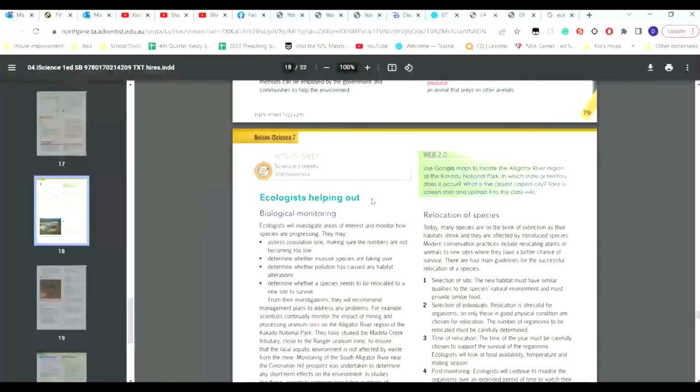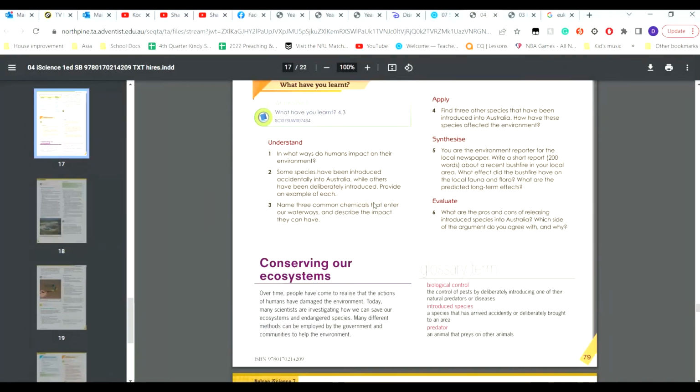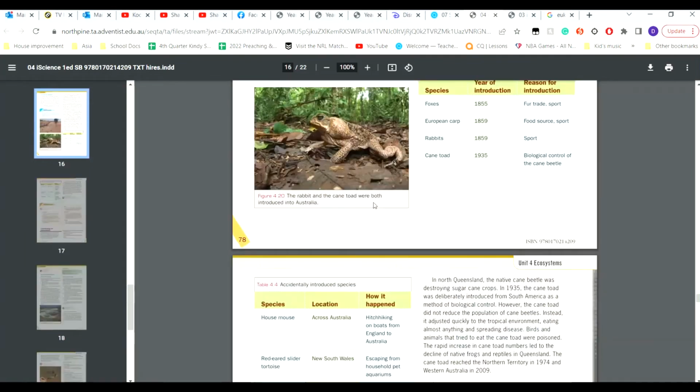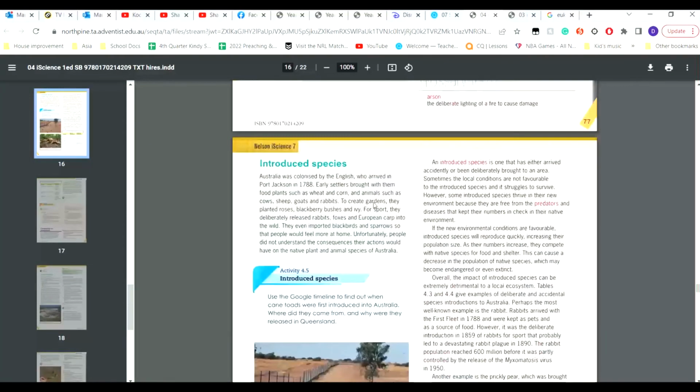Introduced species. You guys know about this. Cane toads are one of the worst ones around. So basically, when you bring a species in, and it's not just accidental too, if you purposely bring a species in and allow it to go into the environment, it can destroy the food web, or at least change the food web, because it can start eating things that weren't normally eaten, or things could get new food.